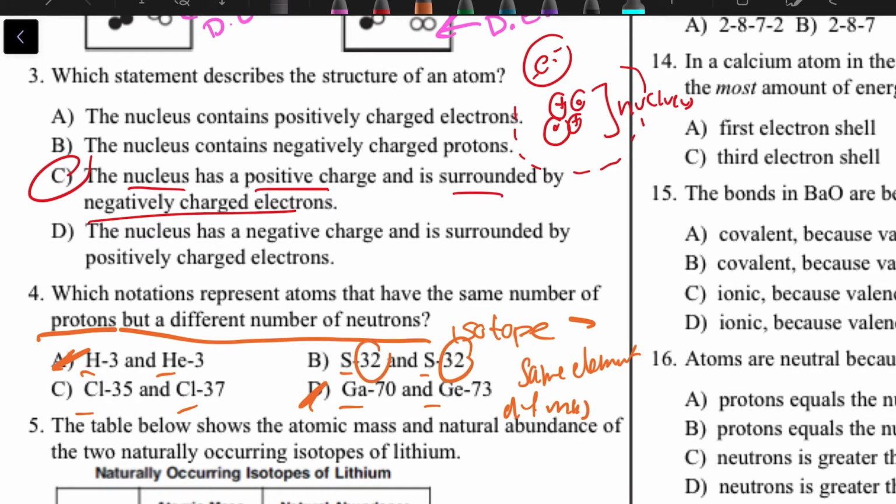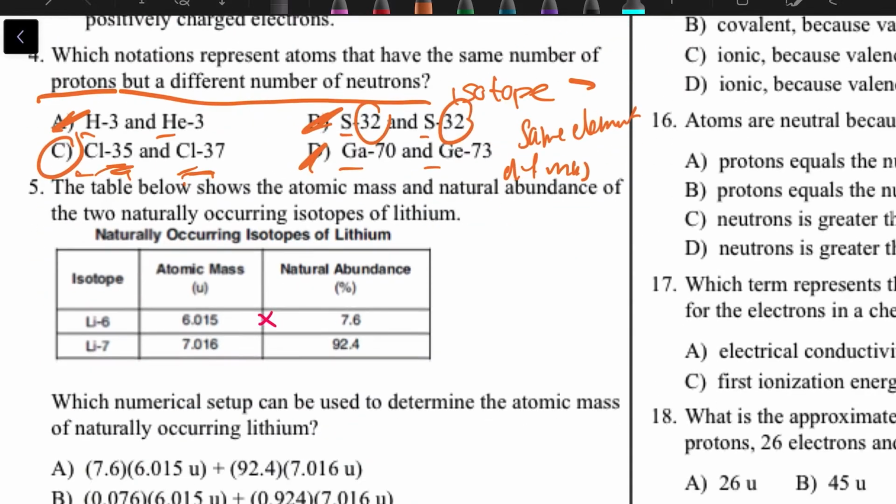In B you have S32, S32. That's exactly the same. But in C, it's still chlorine in both of them, but one has a mass of 35, one has a mass of 37. Isotope, same element, different mass, because the protons stay the same. If you change the protons, you're changing the element and the atomic number. If you're changing the neutrons, you just change the mass.